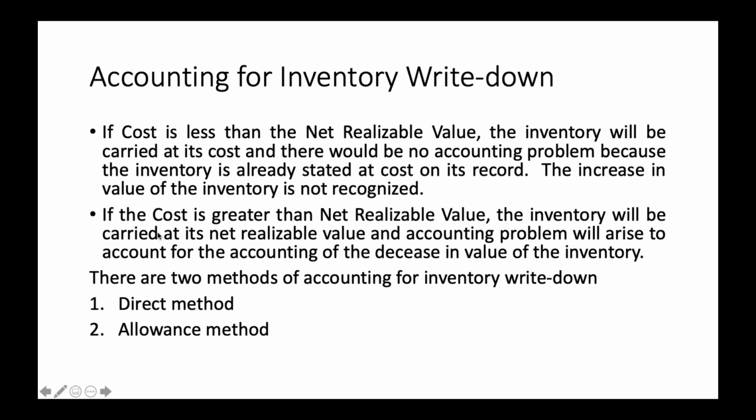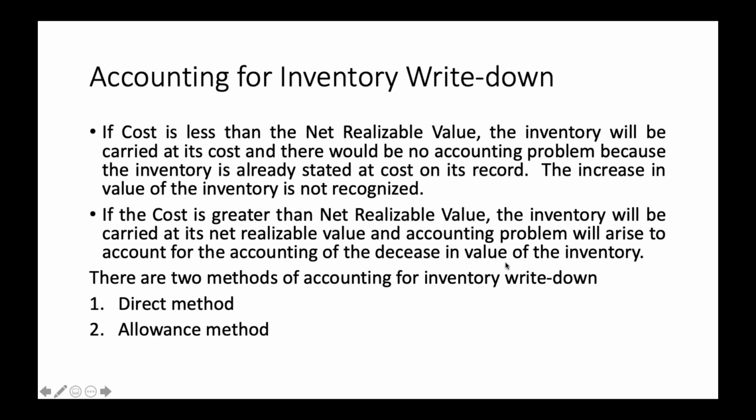But if the cost is greater than the net realizable value, the inventory will be carried at its net realizable value, and the accounting problem will arise to account for the decrease in the value of inventory.